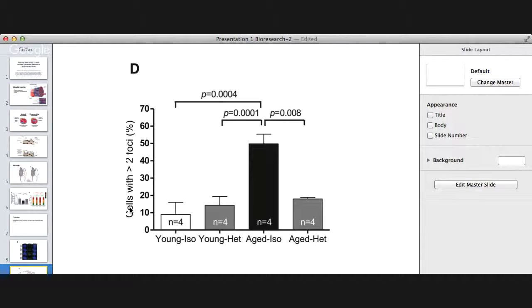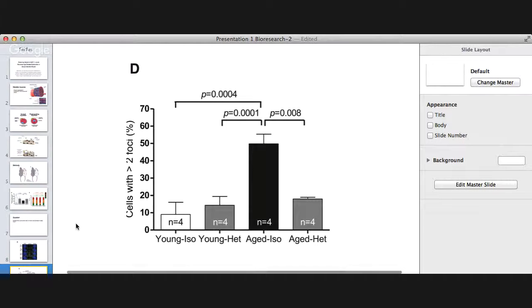And as you can see, leading factor would be aged mouse. So with that, we found that it was the aged iso mouse, excuse me. So with that, we found that there were actually the regenerative cells, and it actually shows the parent in the data that this is what we were actually looking for.